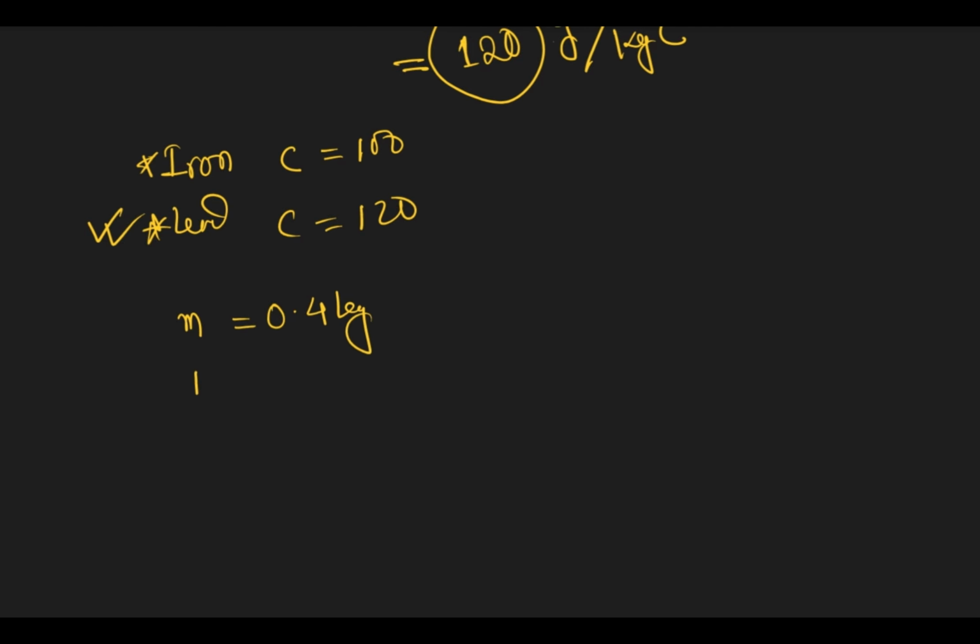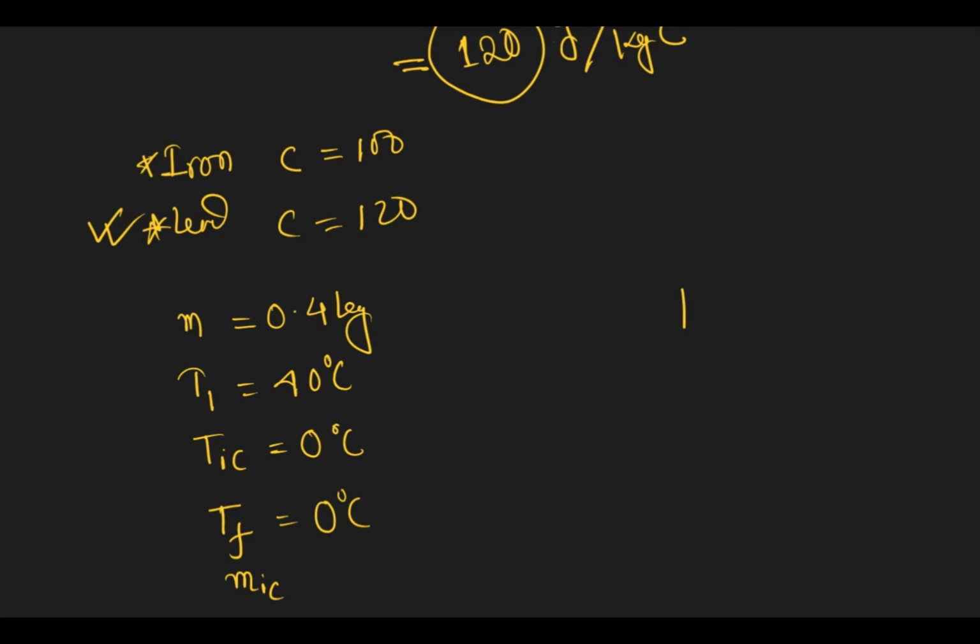Initial temperature T1 is equal to 40 degrees Celsius for the water, and the initial temperature of ice is 0 degrees Celsius, and the final temperature of the mixture is 0 degrees Celsius as well, and the mass of ice we have to calculate.